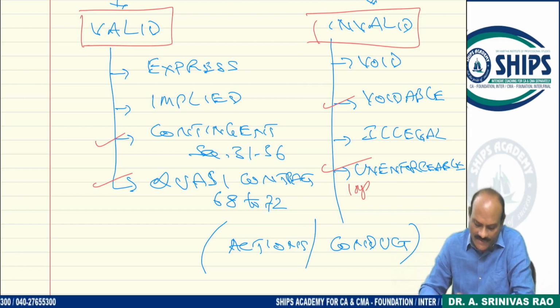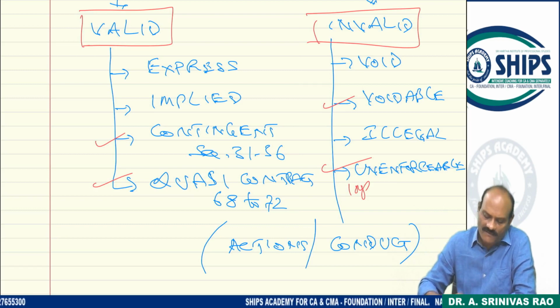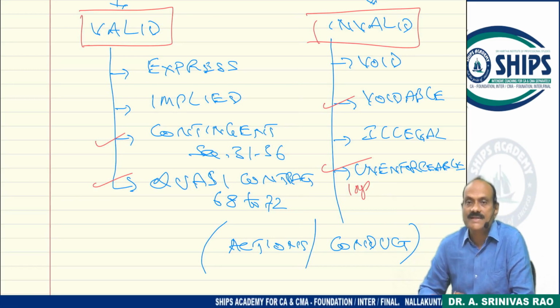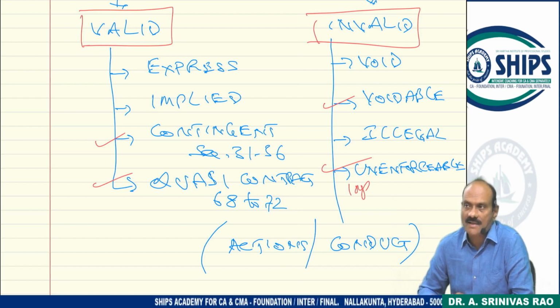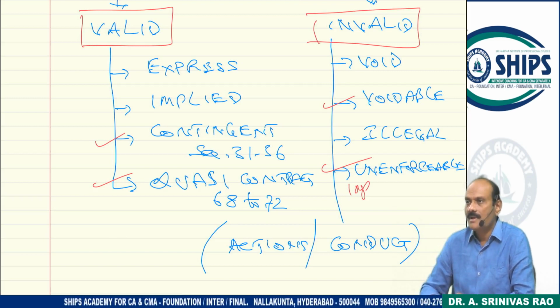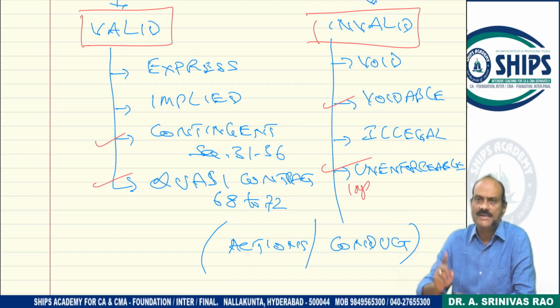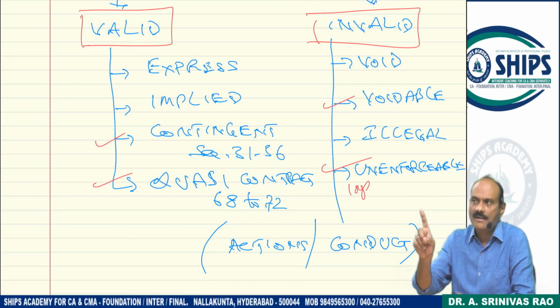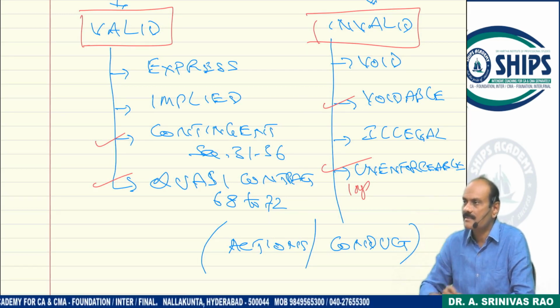What are examples? Running of a bus between two places is an implied offer. TSRTC, APSRTC, or DTC, Delhi Transport Corporation, they are running buses between two places. Number 1K, Koti to Secunderabad.